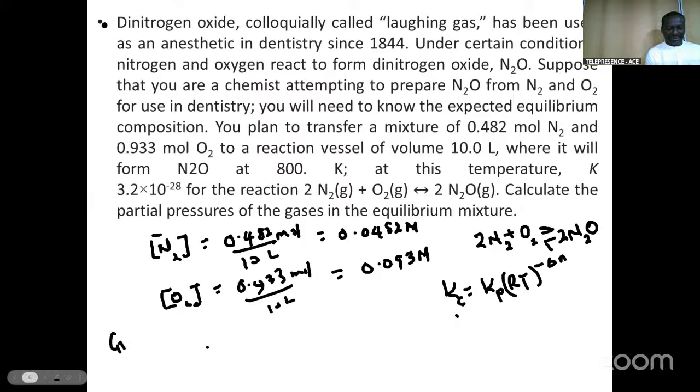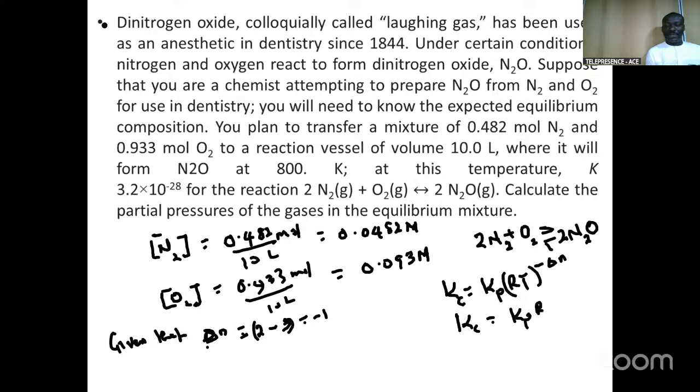Given that delta n in this case is equal to 2 minus 3, which is equal to minus 1, it implies therefore that Kc will be equal to Kp over RT.